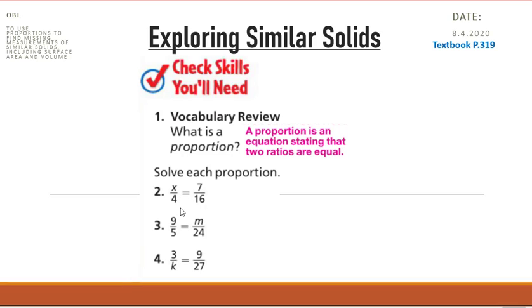Okay, for example, in number 2, this is a proportion. How to find the value of x? To find the value of x, we can multiply extremes and multiply means.